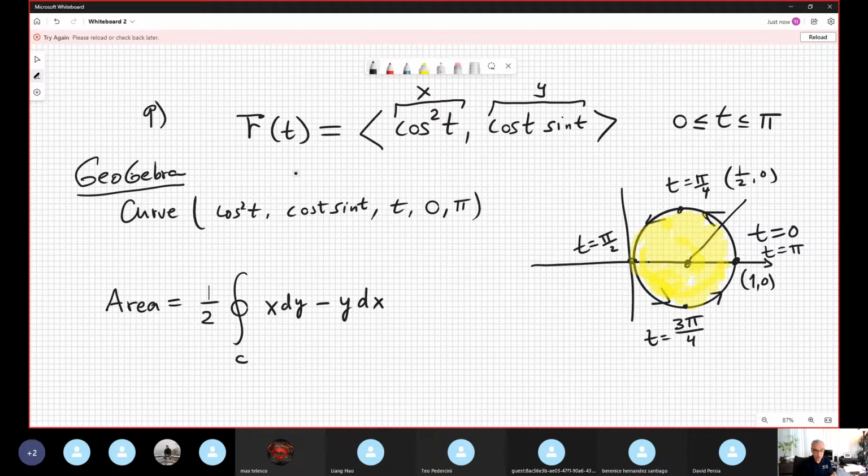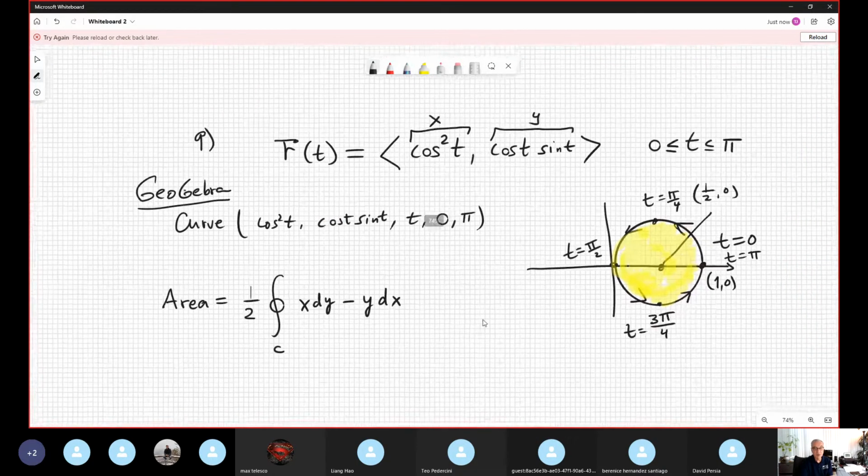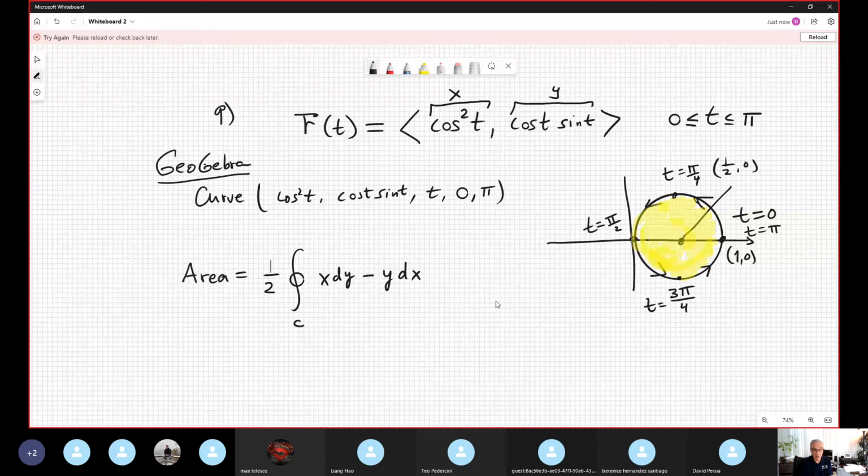You have it in your notebook. We use it when you want to compute the area inside a bounded closed curve. But fortunately, you have the parameterization of this, so I know very well.